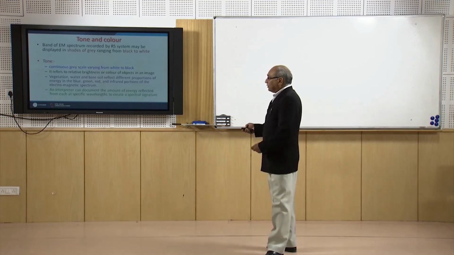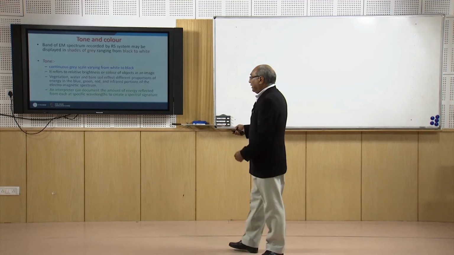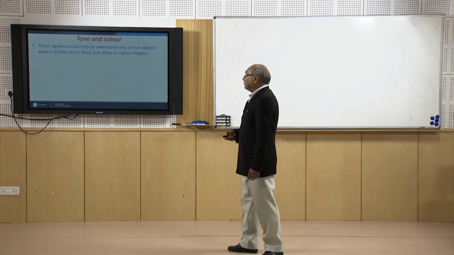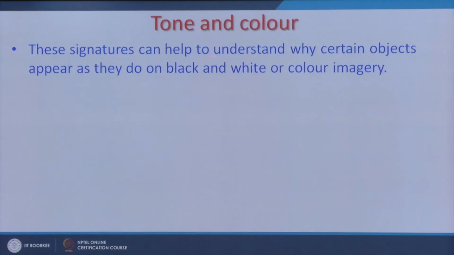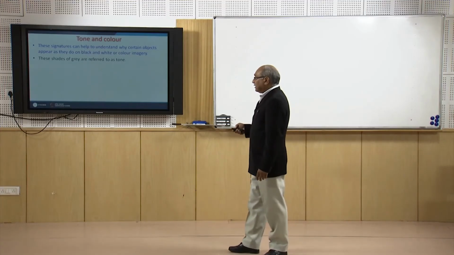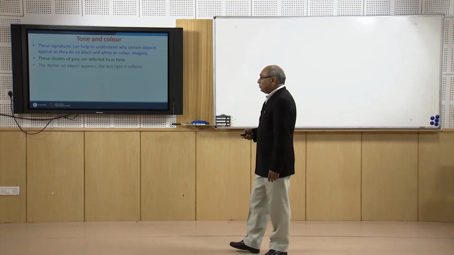Colors are when you combine 3 channels and make color composites, and these signatures of tone and color can help to understand why certain objects appear as they do in black and white or color images. These shades of grey are referred to as tone.